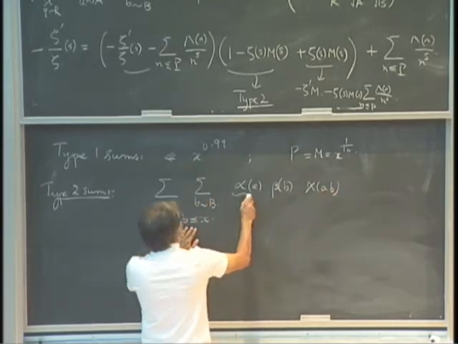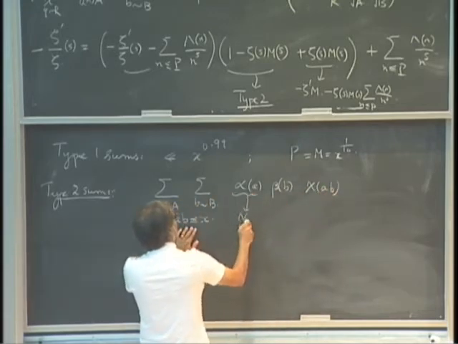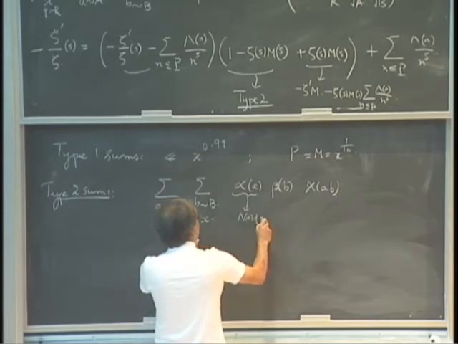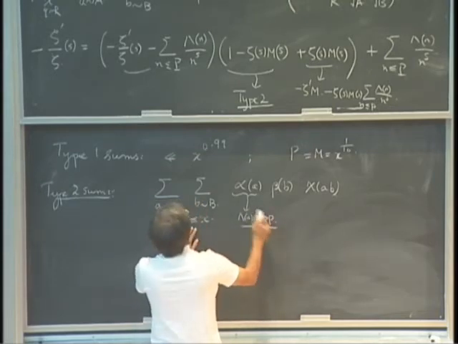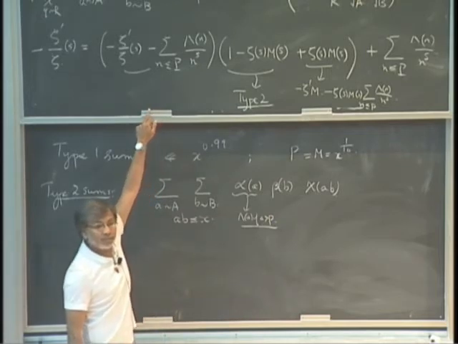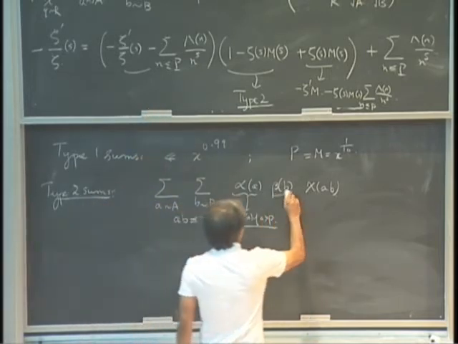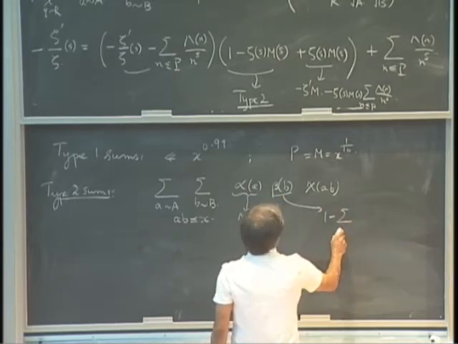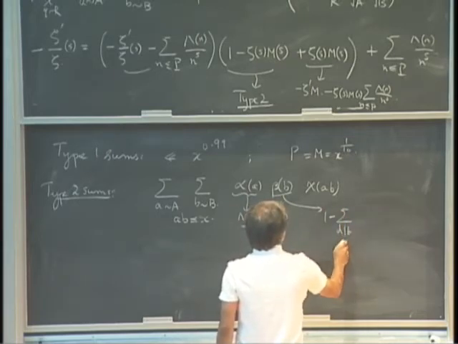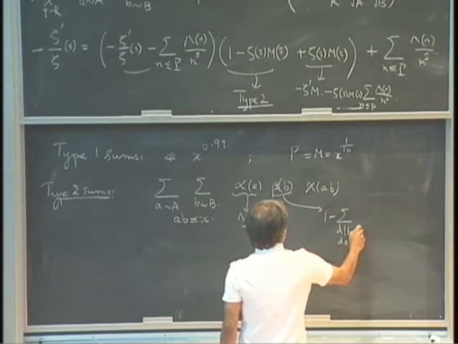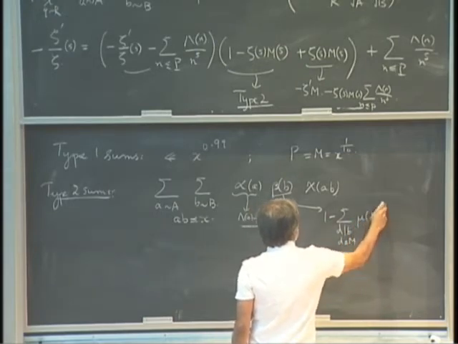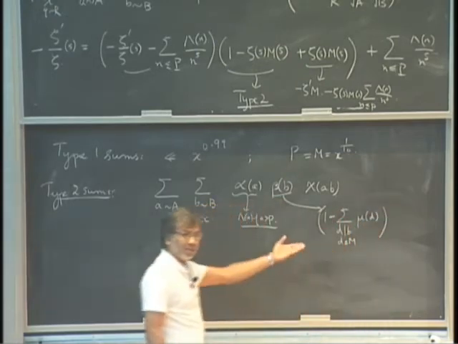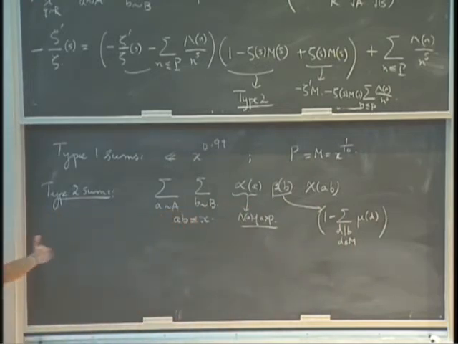So let's say this is just like lambda of A if A is bigger than P, the term coming from this guy. And then this one you can think of as 1 minus the sum over D dividing B, D less than M, mu of D. Something that's 0 initially all the way up to M, and then it's something non-zero beyond that, but bounded by divisor type functions.